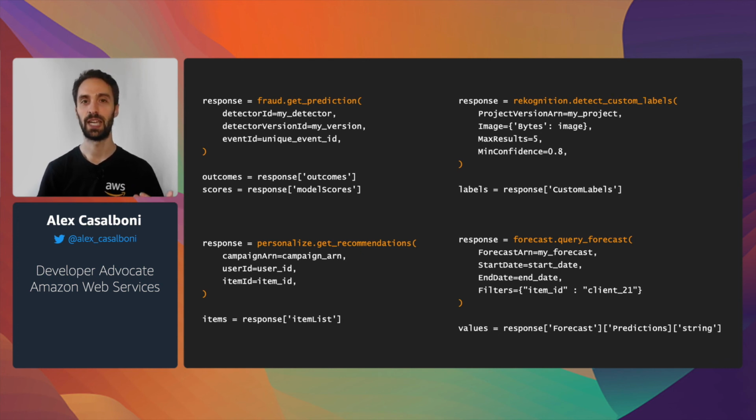Fraud detection, the same. Personalize, the same. Forecast, the same. Some of these have some advanced features like filtering, like start date and end date for Amazon Forecast, or maybe you want to provide a user ID and item ID with Personalize, or you want to provide a unique event ID for fraud detection.